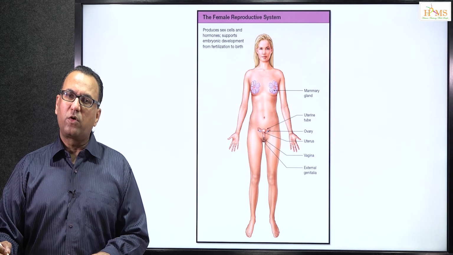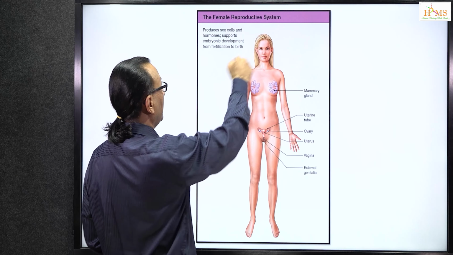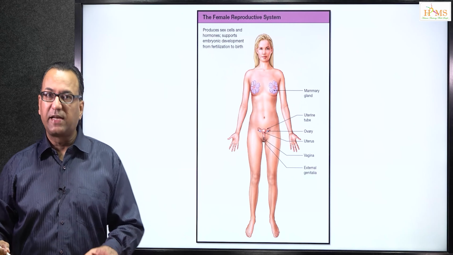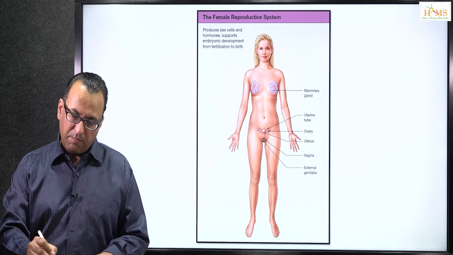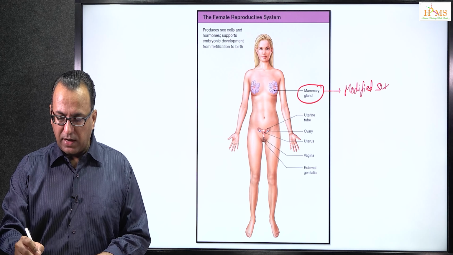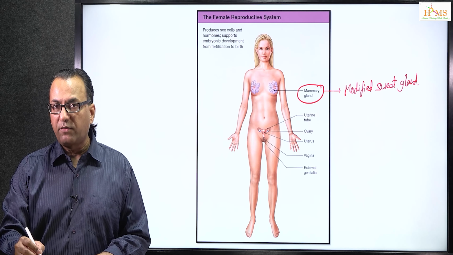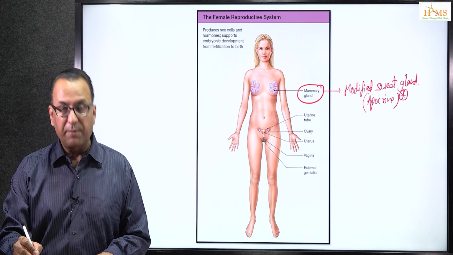As we talk about the female reproductive system, we are going to focus upon the type of questions which they are asking and go through the details accordingly. For example, regarding the mammary gland, we have to understand it is a modified sweat gland and belongs to the apocrine variety. So modified apocrine sweat gland. Then we have to discuss the epithelial lining.